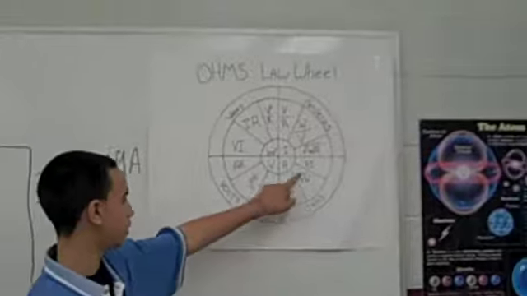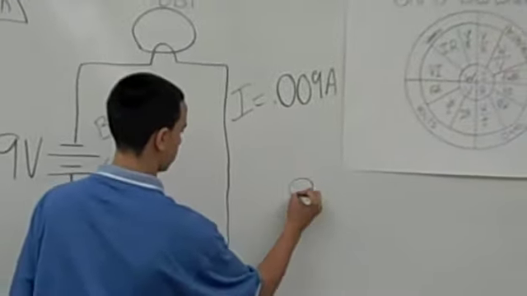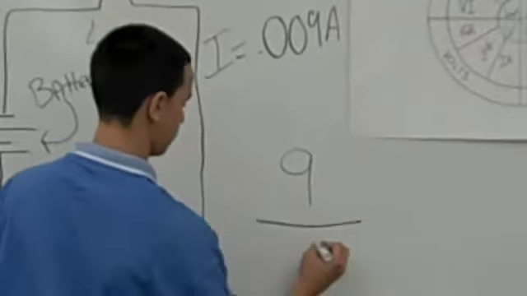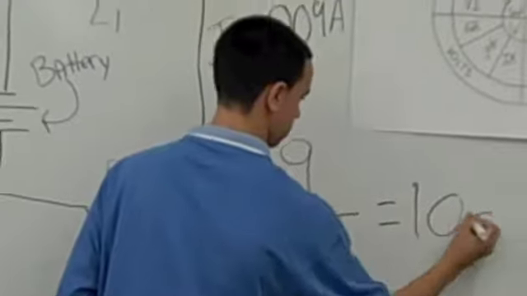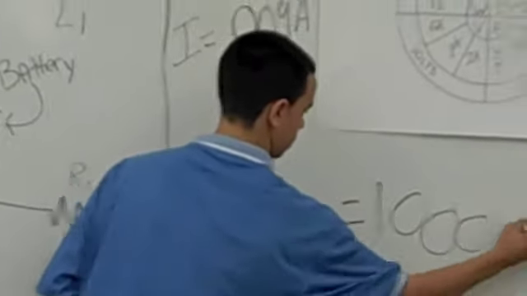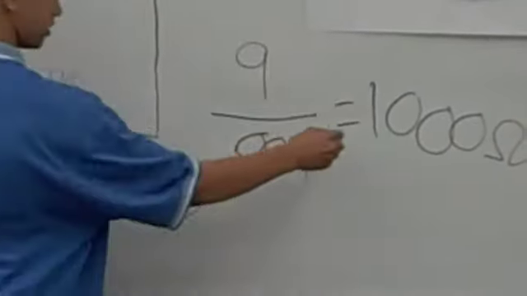So over here, we have to do voltage divided by current, which is 1,000 ohms, which is our resistance.